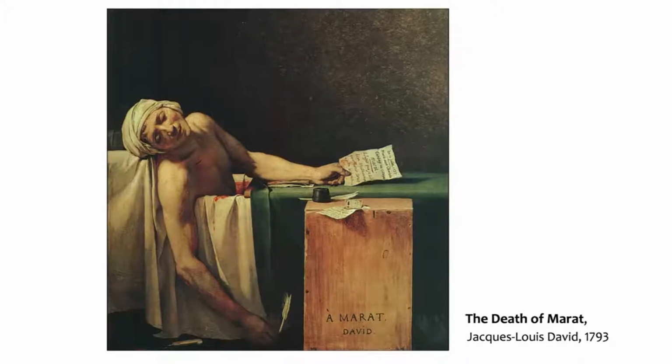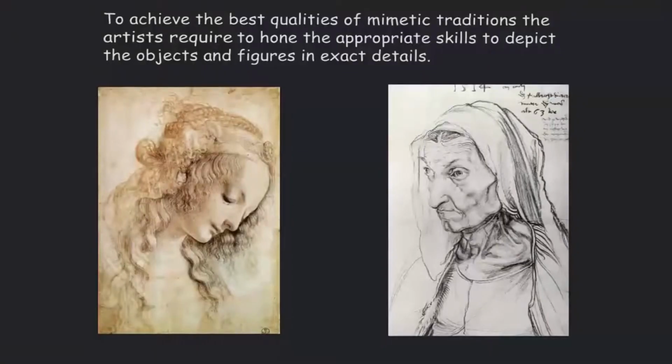But interestingly, in mimetic traditions, what you finally create is not a real life, of course, but an illusion of real life. Whereas in non-mimetic tradition, nobody creates an illusion of real life, because right at the outset, you know, when you are looking at a non-mimetic art, that you are looking at a different pictorial or visual world.